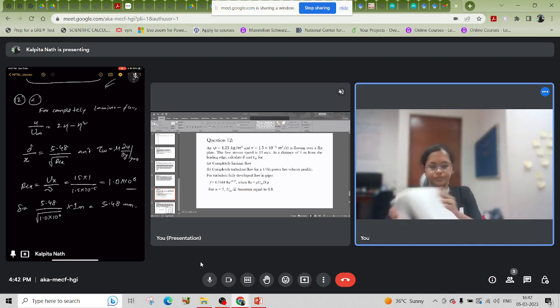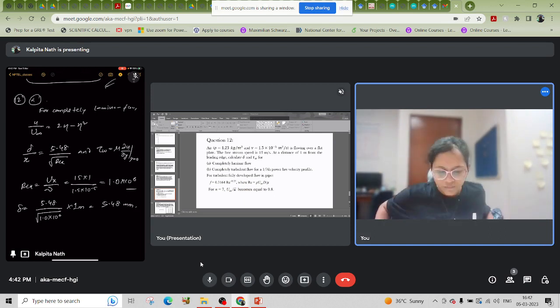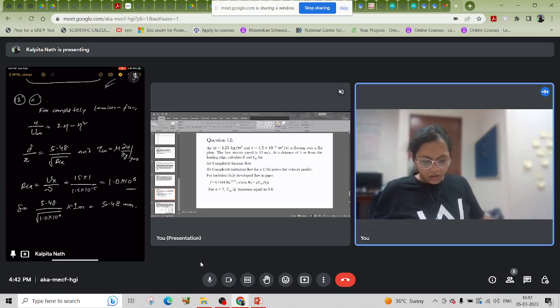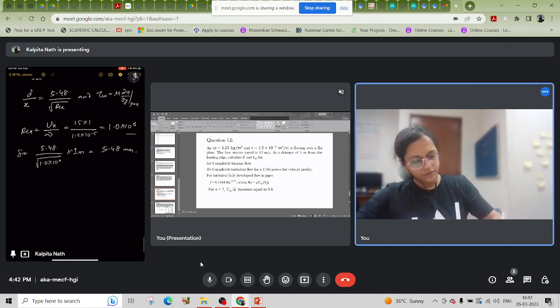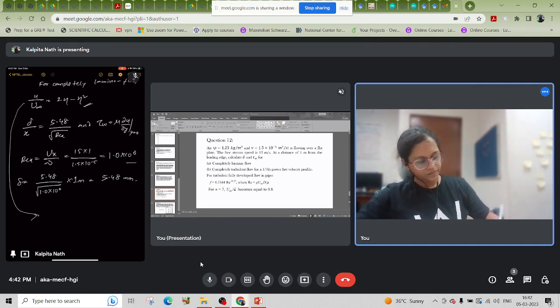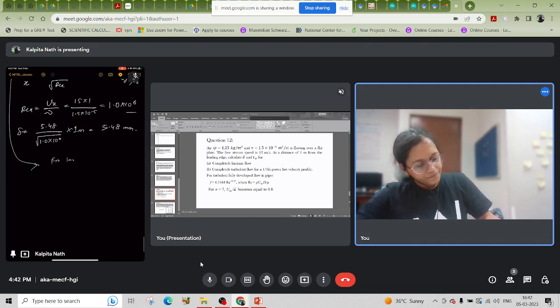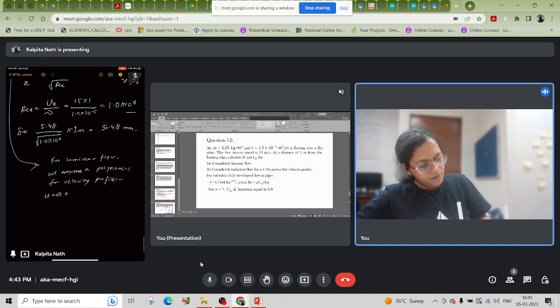Now, how did this come about? First we will get to know about this. For laminar flow, we assume a polynomial for the velocity profile, that is u is equal to a plus b y plus c y square.